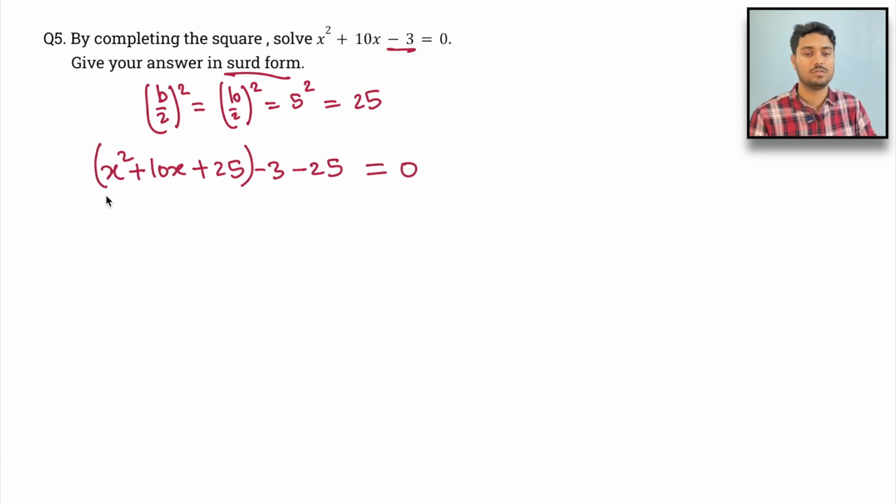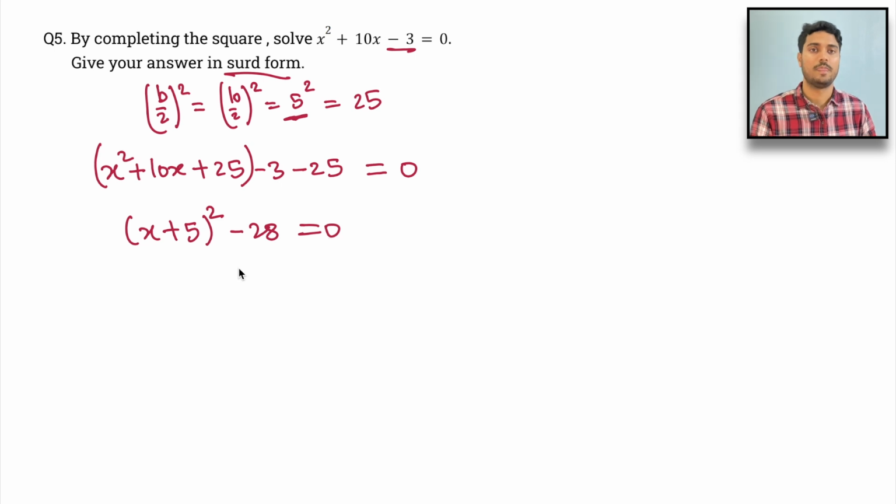The first 3 terms will always give me the square of the binomial expression, that is x plus 5 the whole square. This plus 5 is now coming from here, and here we have negative 28 equals to 0. So now this is in the form of completing the square form.